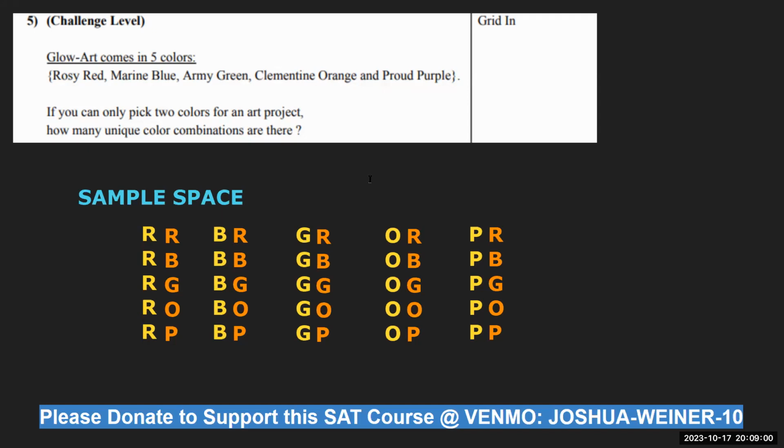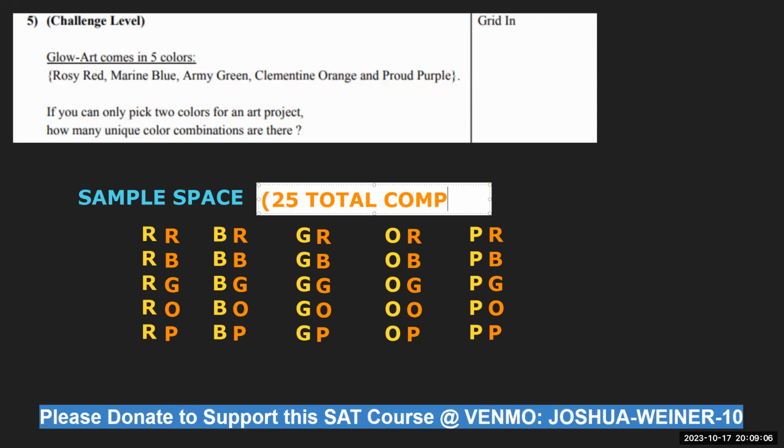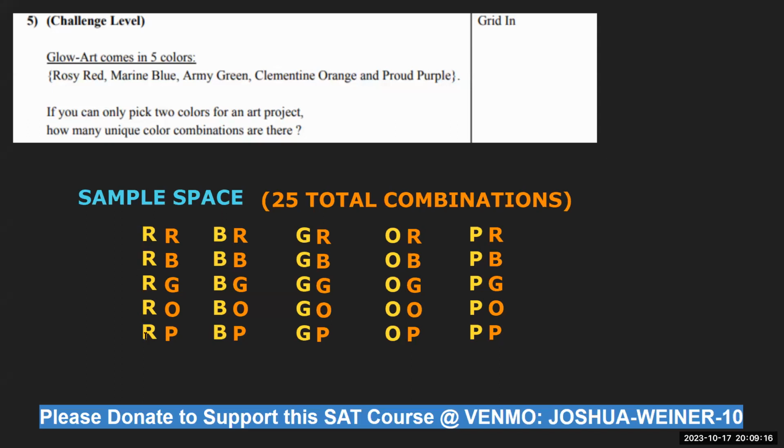This is the sample space of 25 combinations total. So if you have choices between, like, say, less than 10 items, you can quickly draw the sample space array or sample space rectangle and see all 25 combinations.